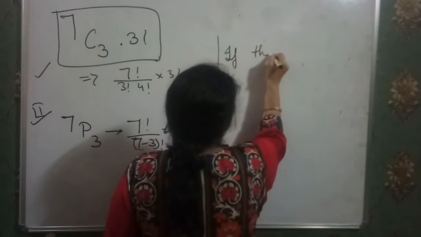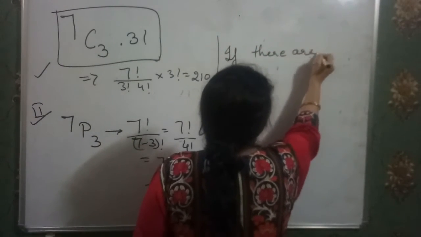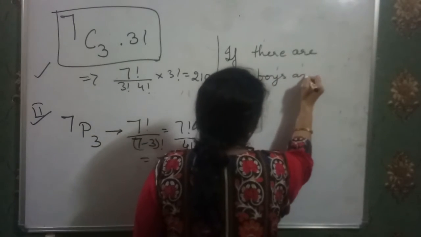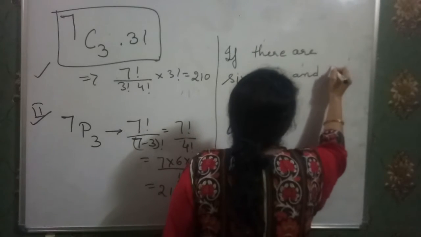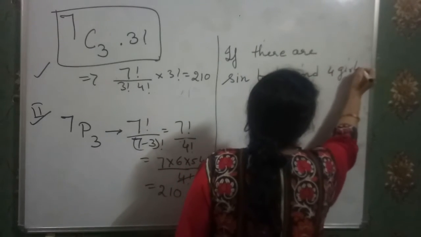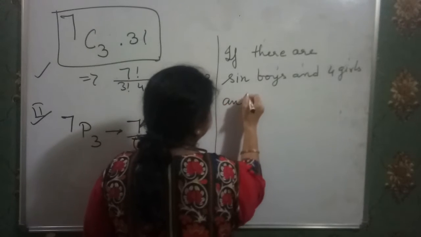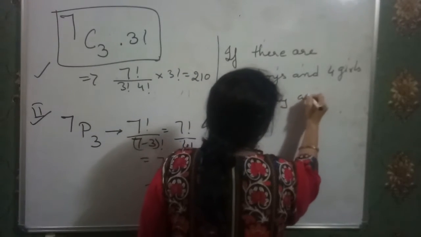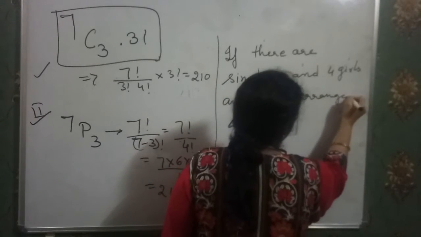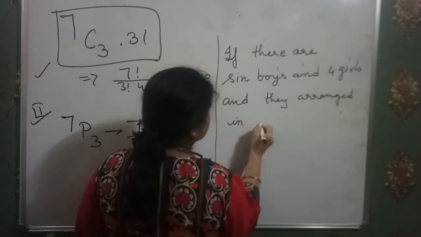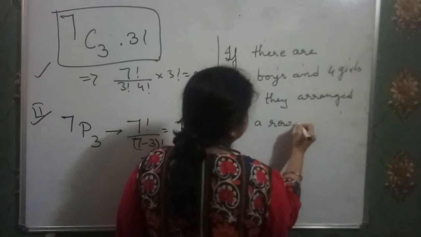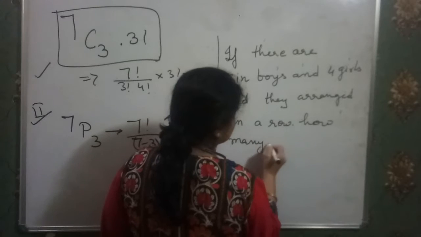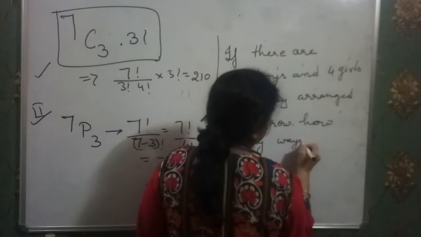If there are 6 boys and 4 girls and they are arranged in a row, in how many ways can they be arranged?